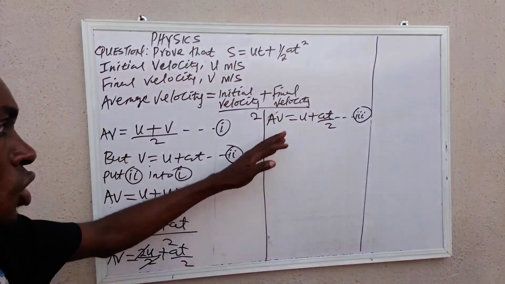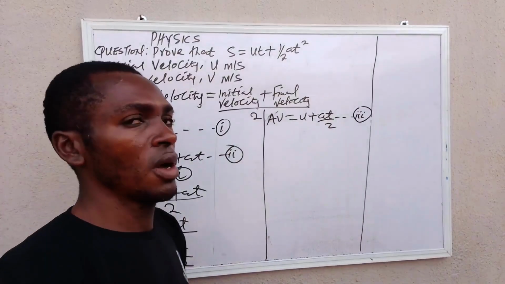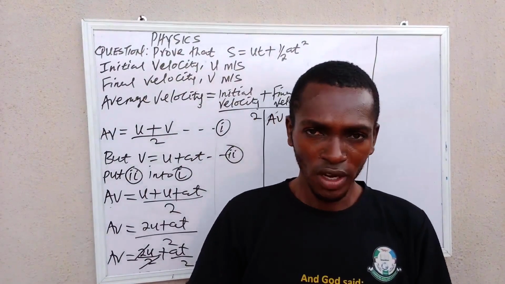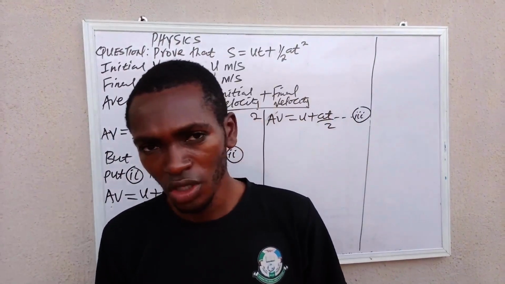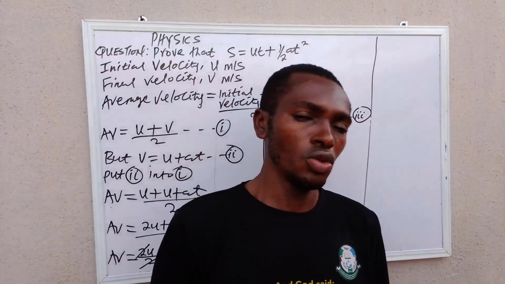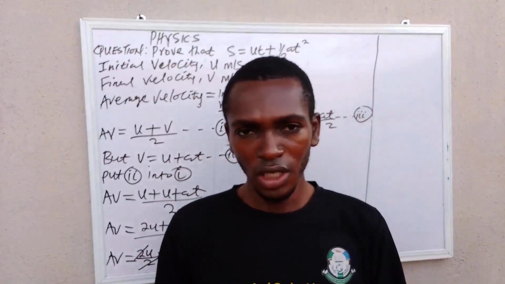But take note, when you're talking about velocity, velocity is the same thing as displacement over time. So therefore, average velocity is still going to be equal to displacement over time. Now, S is always used to represent displacement, and of course, T is for time.